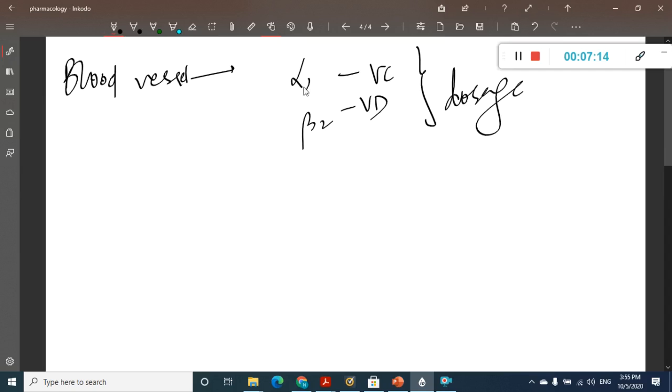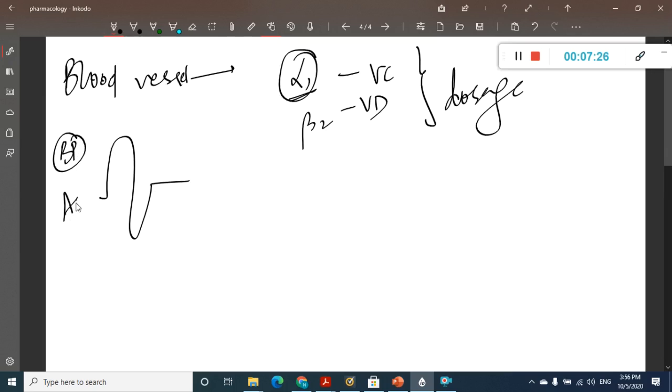There is something called vasomotor reversal of Dale, but that's not important. If you record the BP for adrenaline or noradrenaline, any sympathomimetic drug, at first there is an increase in blood pressure because of vasoconstriction. Later there is a decrease in blood pressure because of vasodilation.